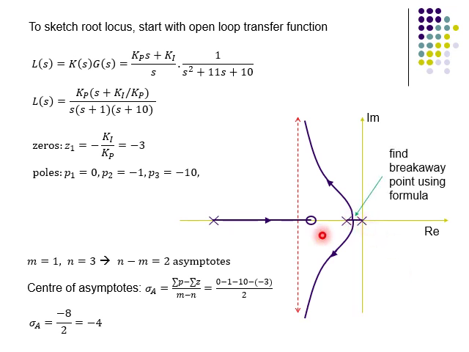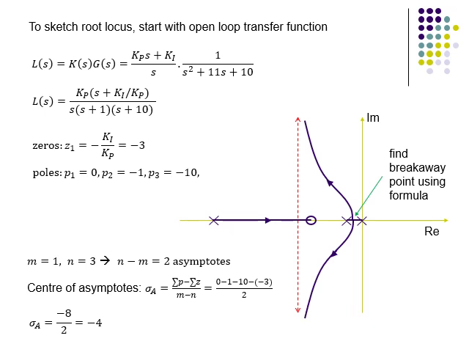So to find the breakaway point, we need to use the formula, which is given in Rule 4. The formula involves the derivative of L, and we can solve to find the solutions for s which correspond to the breakaway point.